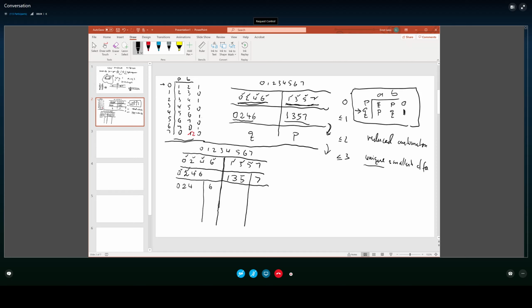And the only other place it can be is that it has to go into its own new equivalence class. So 4 and 6 at this point can be differentiated.